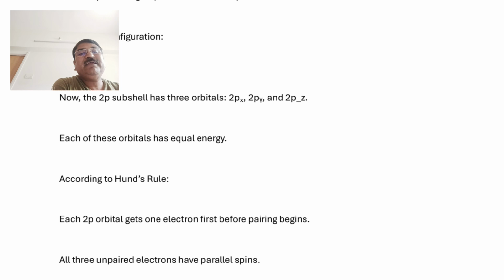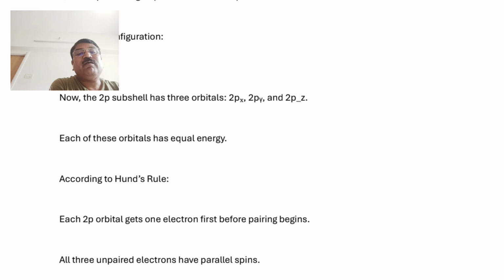But in the filling of the 2p orbital, the entry of electrons takes place in such a manner that the 2px orbital is filled by 1 electron, the 2py orbital is filled by 1 electron, and the 2pz orbital is filled by 1 electron. All these 3 electrons have the same spin quantum number, that is plus 1/2, in the upward direction.